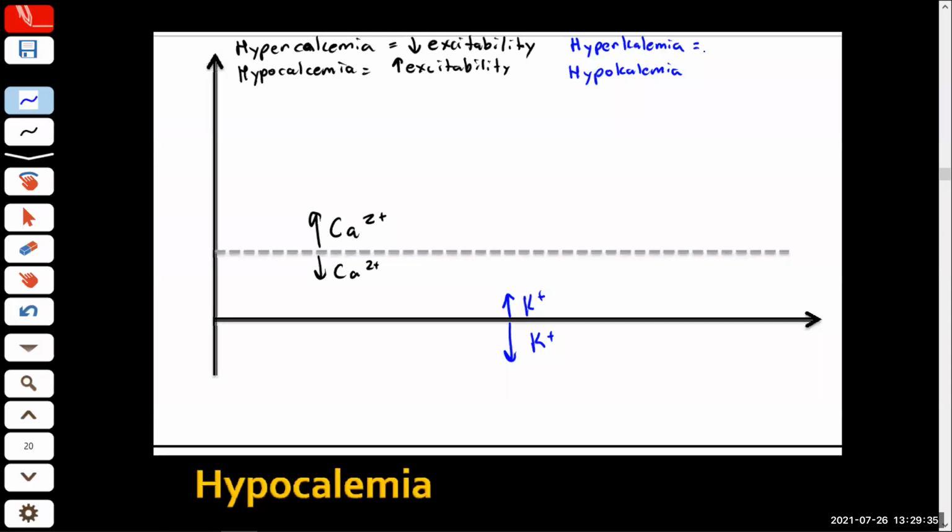With hyper, I'm raising it, so they're getting closer. You're getting more or less excited? More. Hypo lowers it.